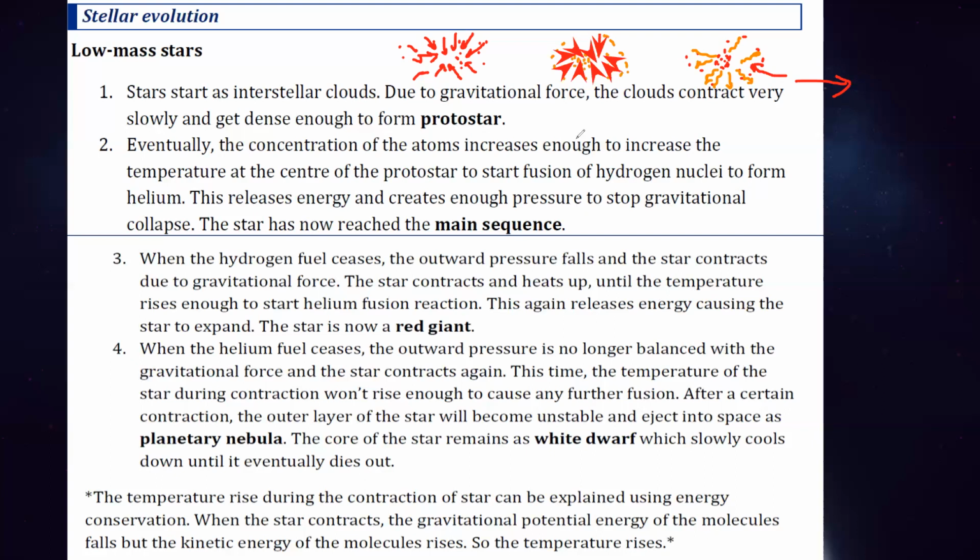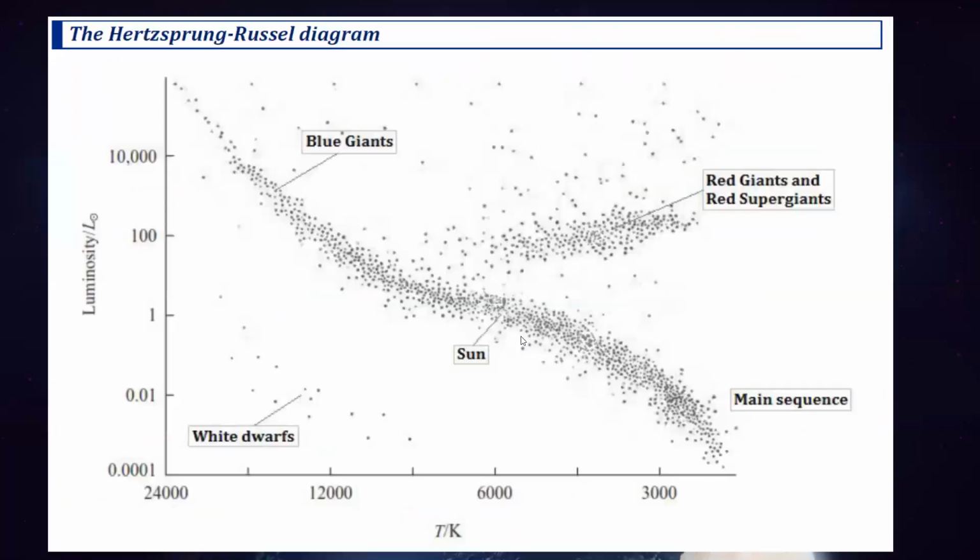So first, we have a protostar. The protostar turns into a main sequence star, for example a sun-like star. Then what happened after the main sequence?